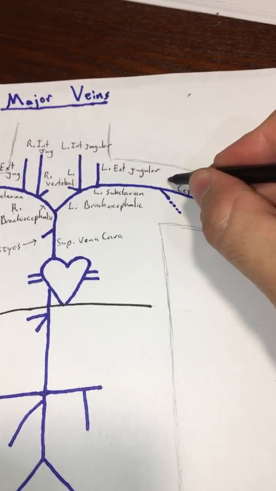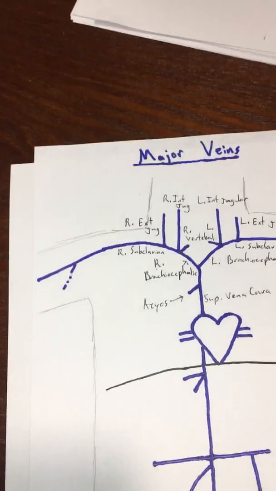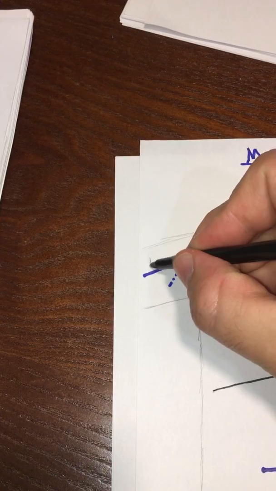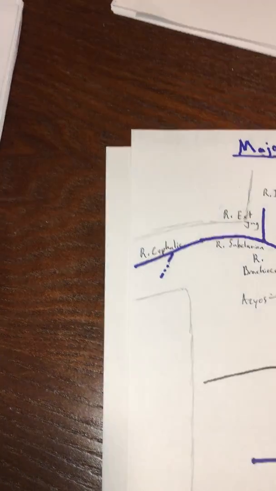And then this side was the left. I always say left or right. I'm just not writing vein every time because I'm talking about veins, but say vein if you're doing this on a lab exam. So this would be the right cephalic vein on that side.